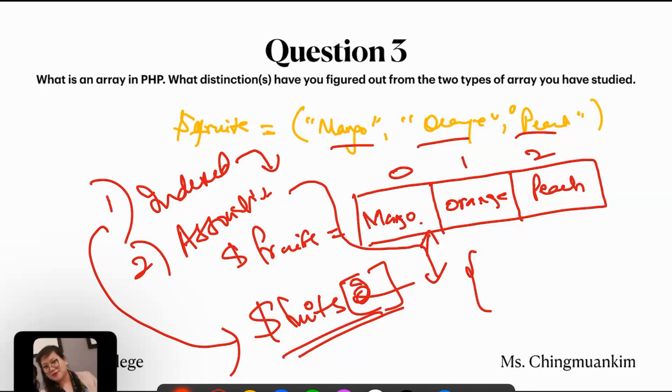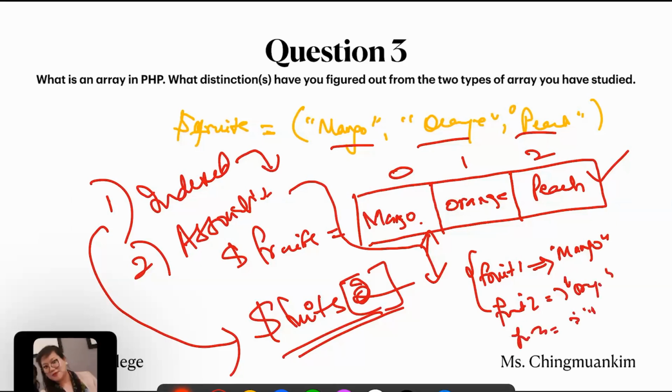It will be storing the same thing, but let's say we have fruit 1 as mango, fruit 2 as orange, and fruit 3 as peach.